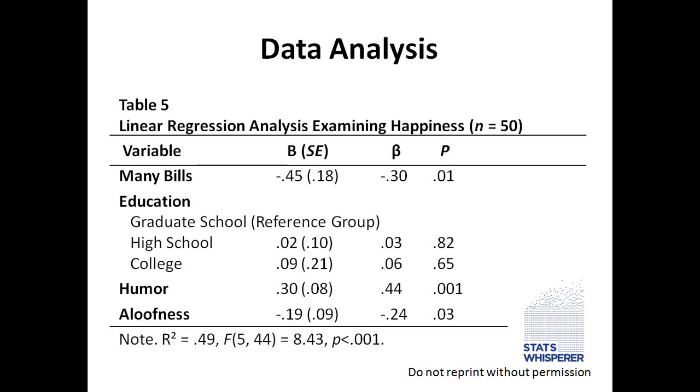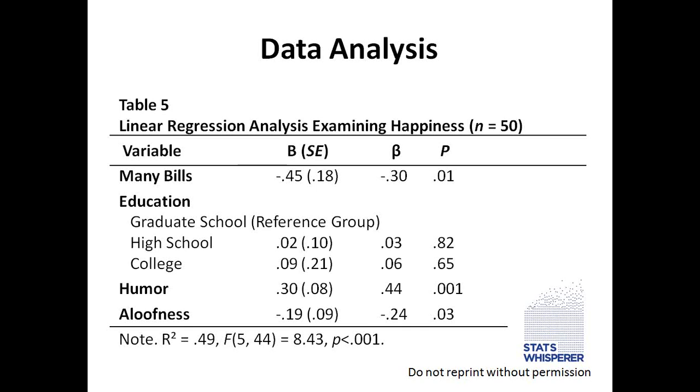Many bills monthly, and we see the P at the end of each, and then humor, and then aloofness. What was most strongly related was humor because it has the highest standardized beta, the funny-looking Latin B of 0.44, which is higher than any of the others. And you'll see in the table at the bottom, we report the overall significance and the statistical values for the overall model, as well as the R-squared.